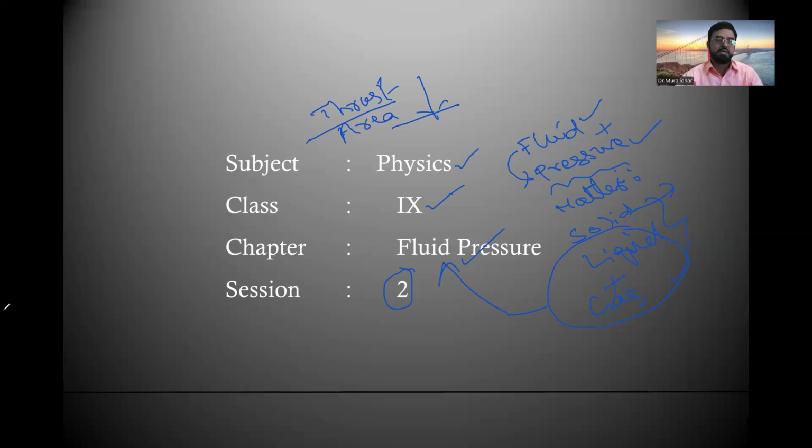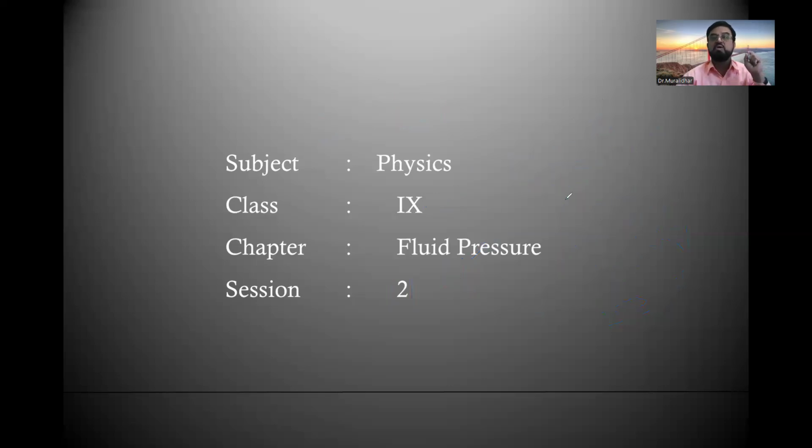That is called pressure. So pressure is thrust per area, or force by area, which is measured in either Newton per meter square or Pascal. Of course, many other units are also there for pressure, which we'll discuss today.